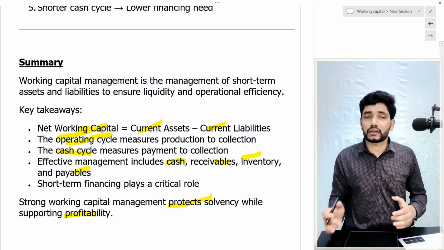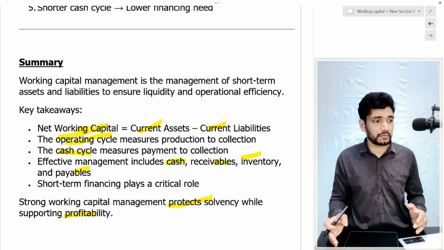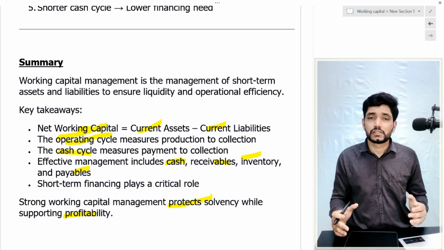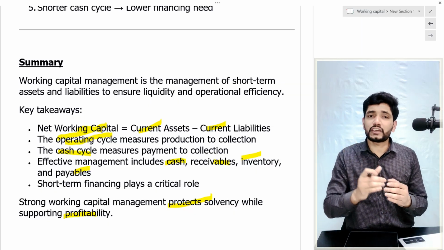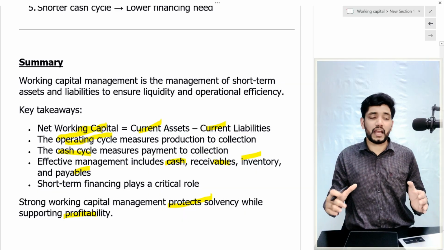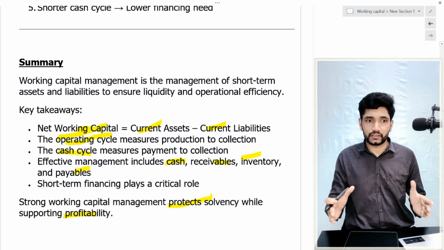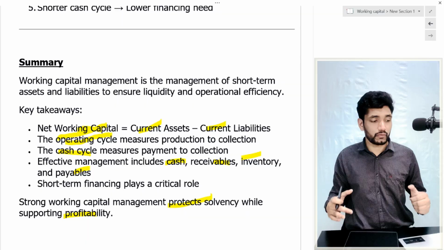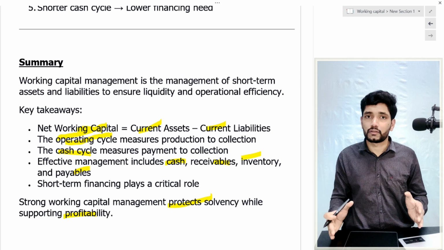A strong working capital is not very aggressive, and not very tightened working capital either. So it considers both edges. That means profitability is considered, and the solvency risk or liquidity risk is also considered. So strong working capital management protects solvency while supporting risk and return as well.